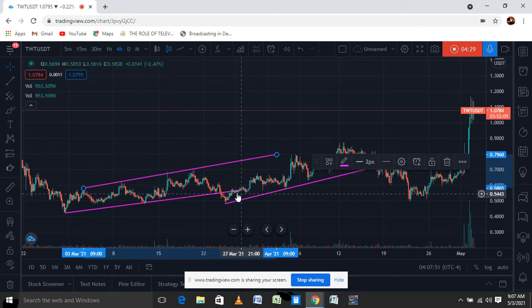Whenever a trend line is broken, the market will close below this trend line, and a confirmation candle, which is the next candle, should still be under this trend line. That's why I said whenever the market closes below this trend line, it means the market will go down temporarily.